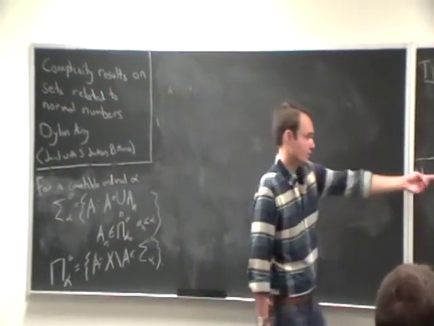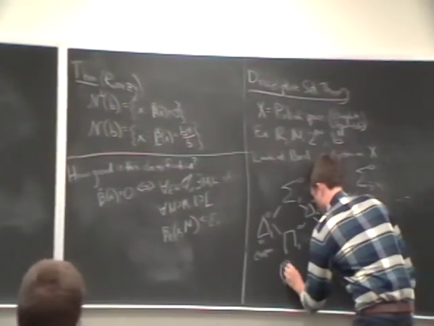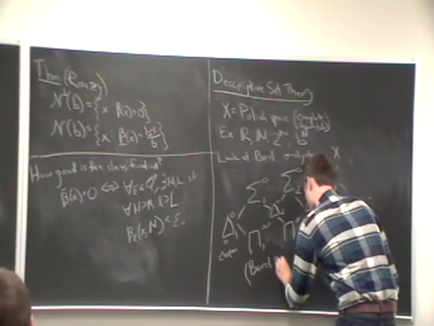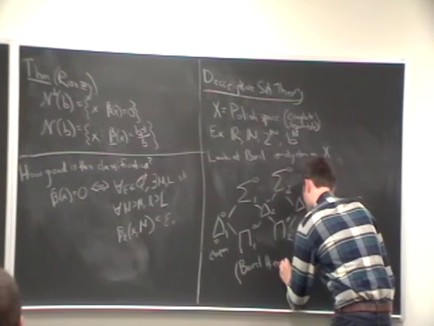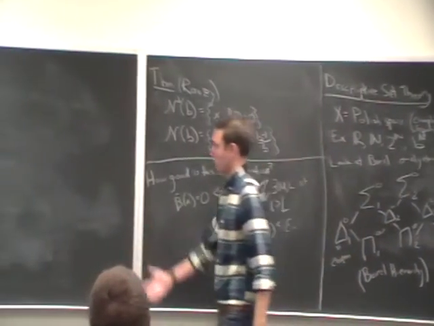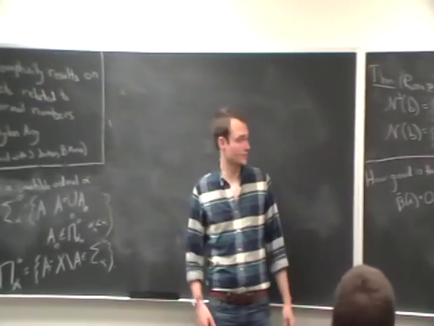And so we can continue this hierarchy, which we call the Borel hierarchy, to all countable ordinals alpha. And this exhausts all the measurable sets, right?